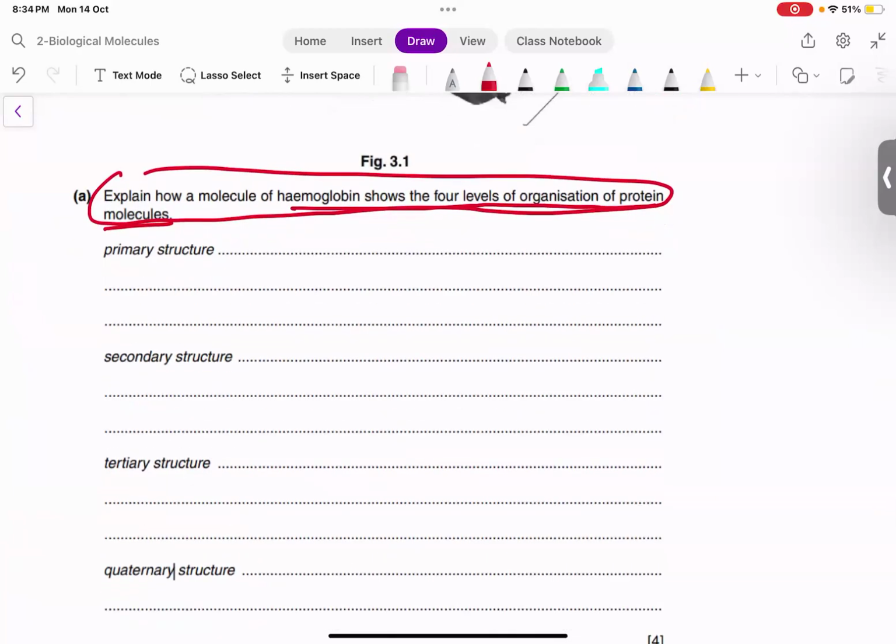So primary structure, the number and order of amino acids, or sequence of amino acids, determines the primary level of a protein.